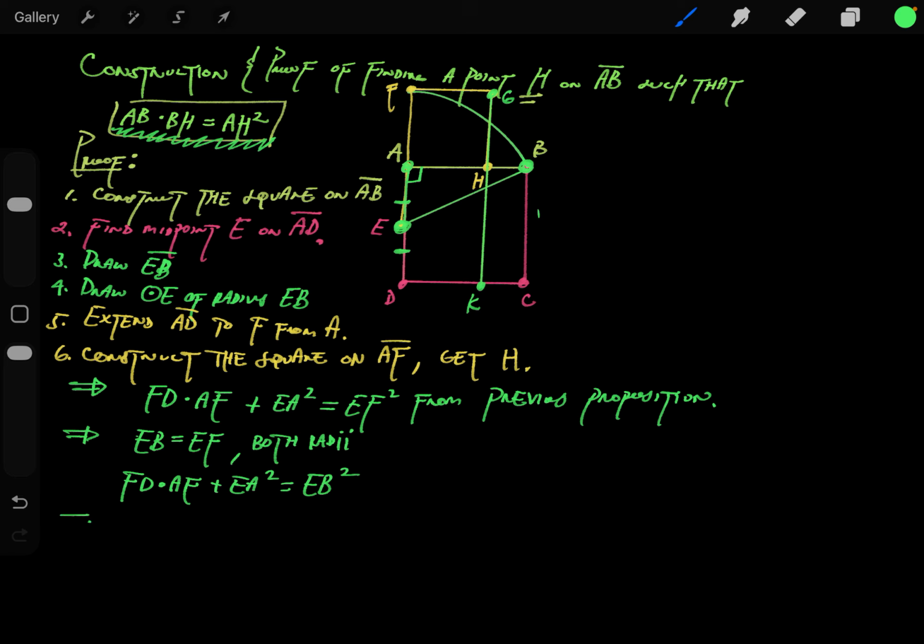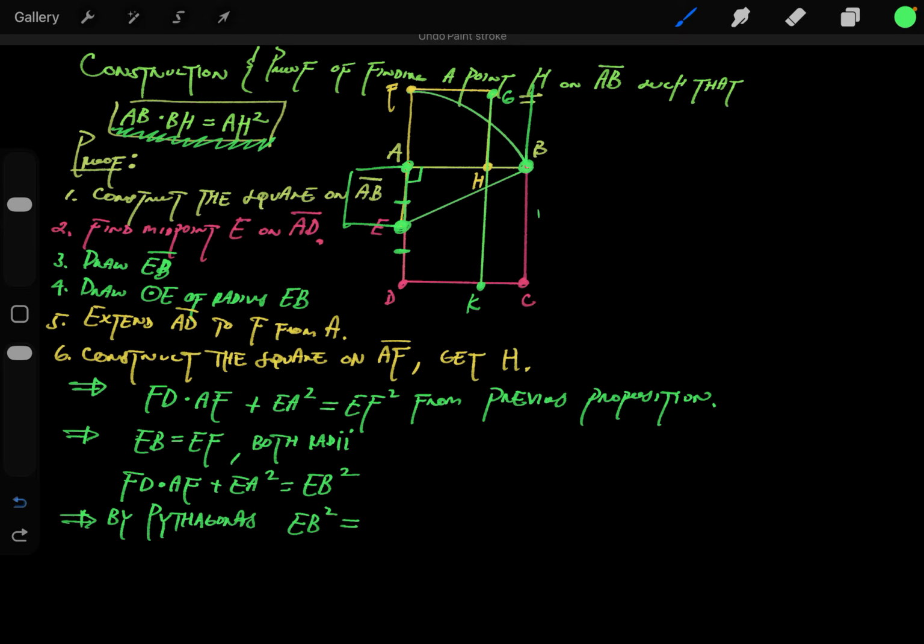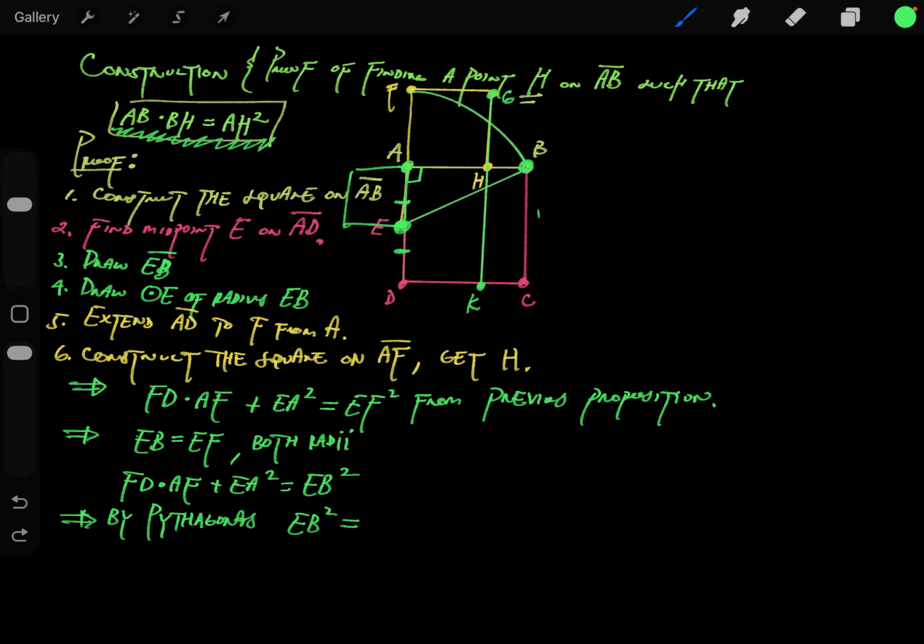So by Pythagoras, EB squared equals the square on AE plus the square on AB, so it's EA squared plus AB squared.